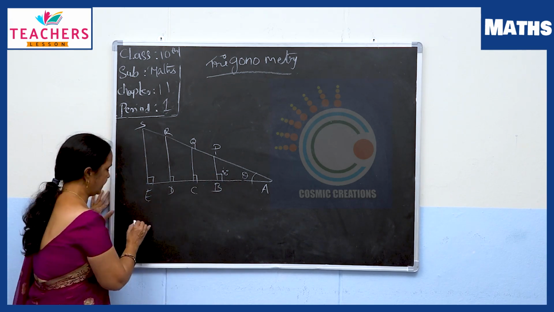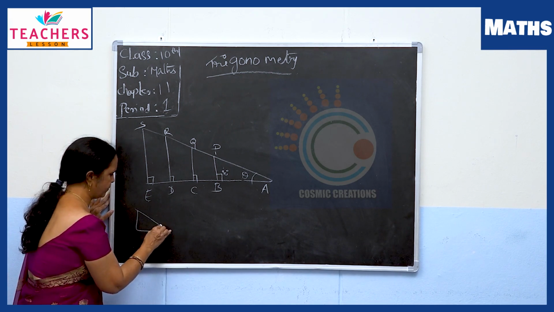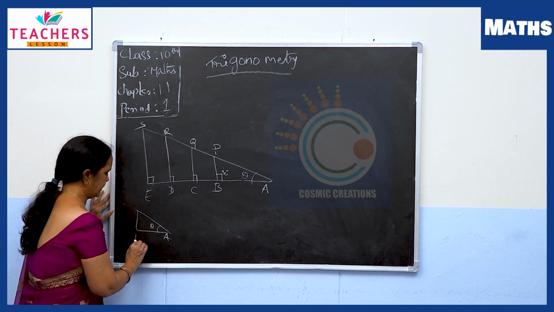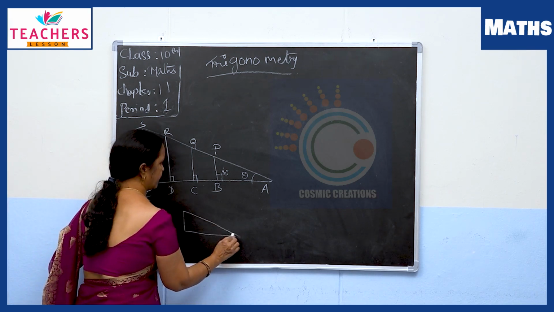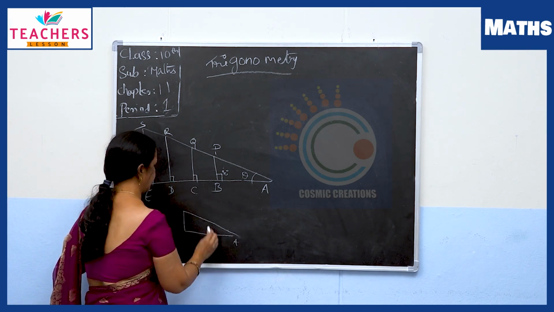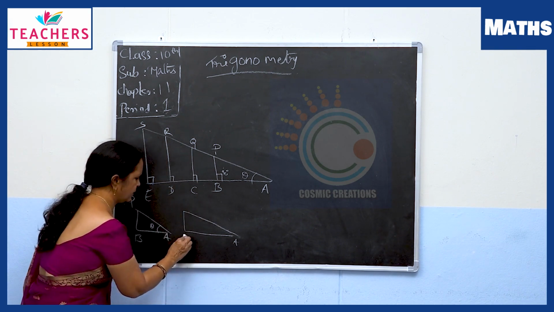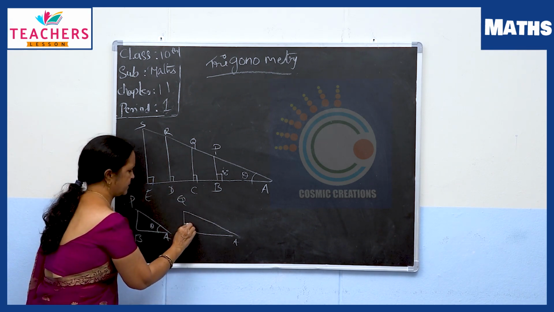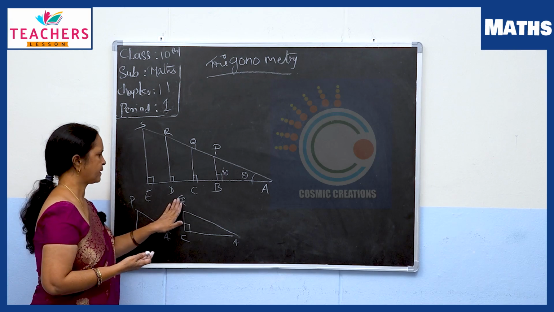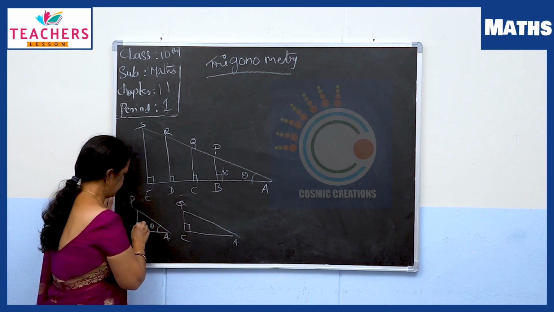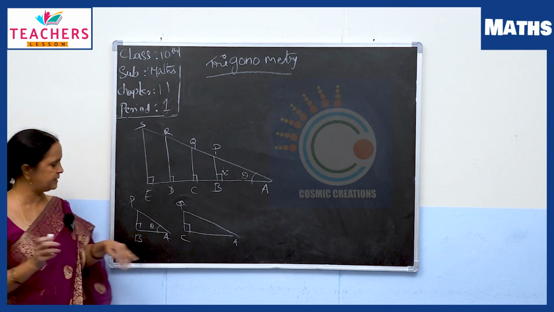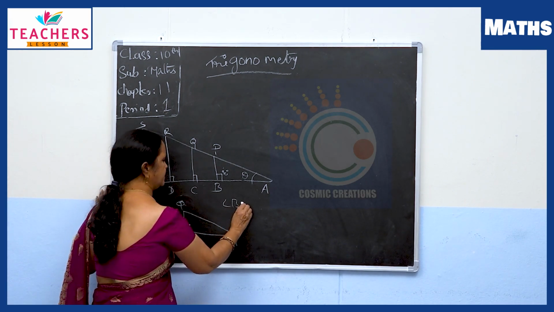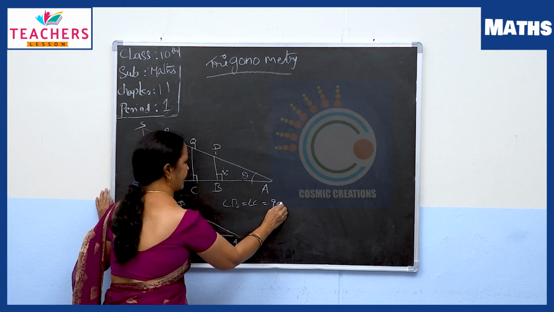Okay. I want to take two triangles. I am writing here ABP, and one more triangle I will take. ACQ, I am taking because it is near to the one. Angle B is equal to angle C, which is equal to 90 degrees.